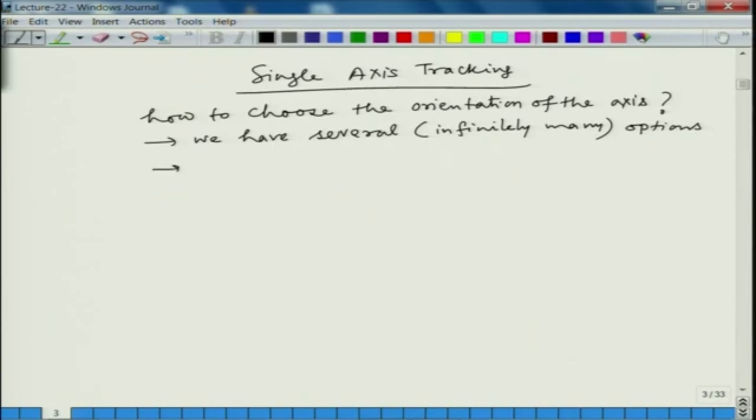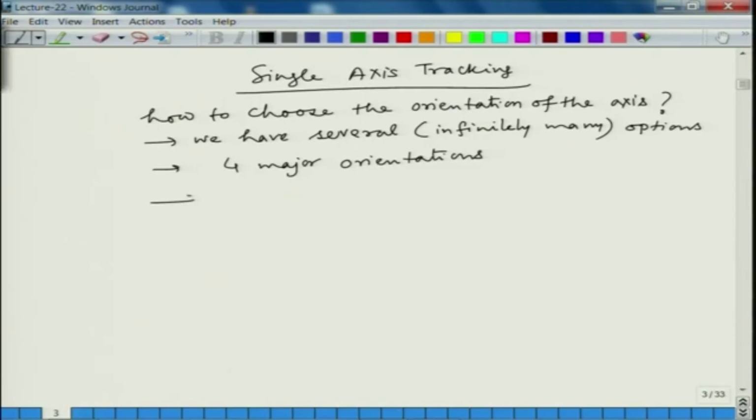So, 4 major orientations, and we are going to use those 4 major modes and see how the tilt angle changes with these modes of orientation, and how the incidence angle changes accordingly.